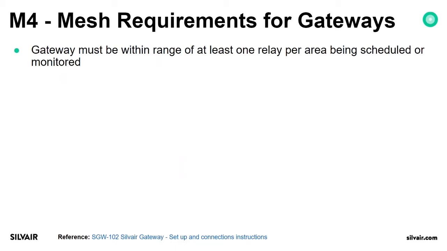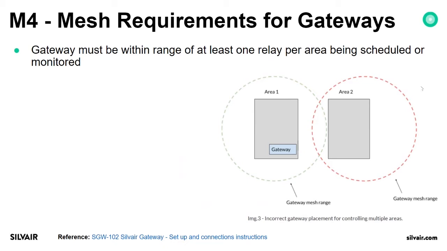Further mesh requirements for gateways. The gateway must be within range of at least one relay per area being scheduled or monitored. This is what incorrect gateway placement for controlling multiple areas looks like. So we have two areas, with the gateway in area 1.